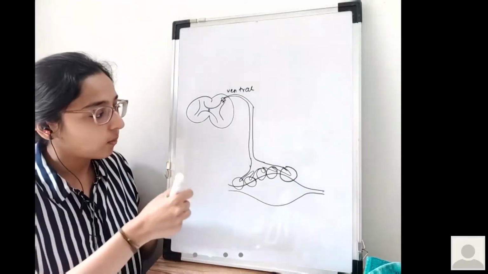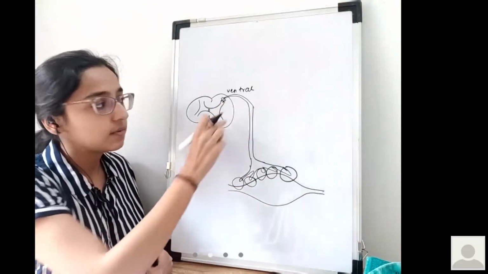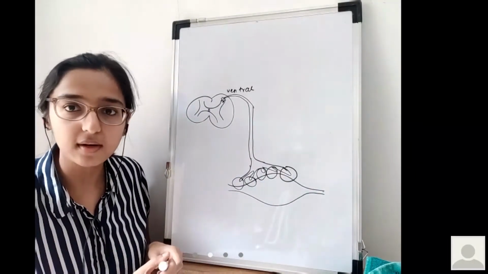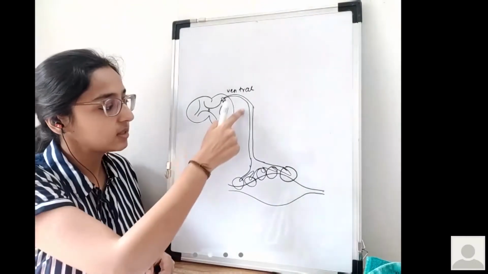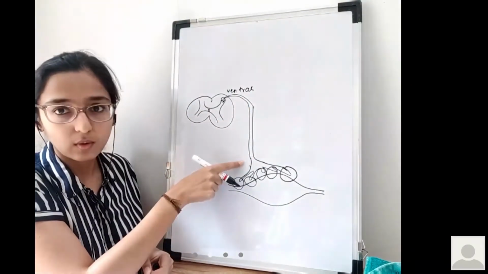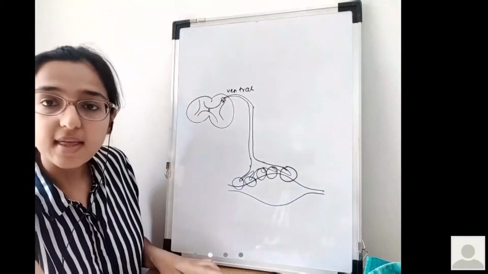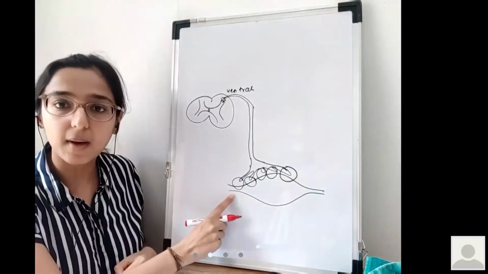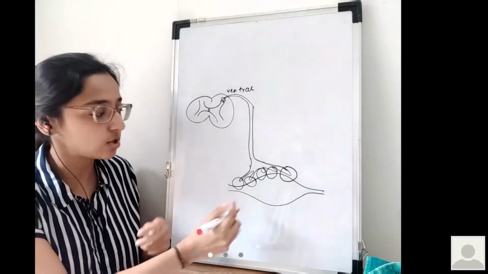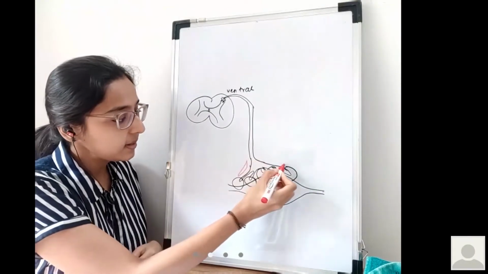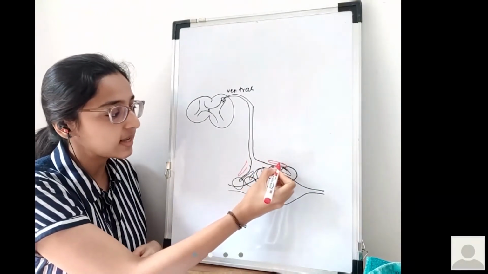What else we also need to remember is that there's a myelin covering on an axon. The myelin sheath is covering it all throughout. But when this axon approaches the muscle and starts bifurcating into multiple branches, it is no longer covered by myelin, but by Schwann cells.